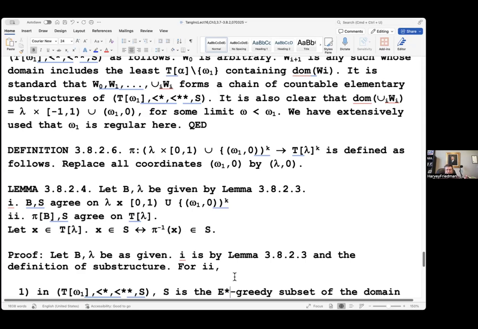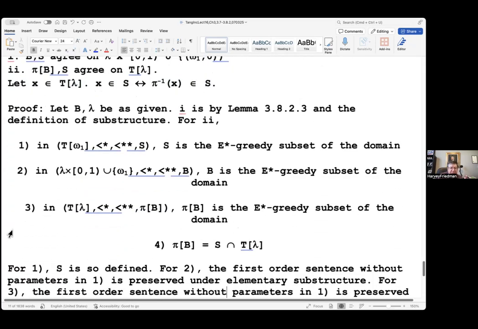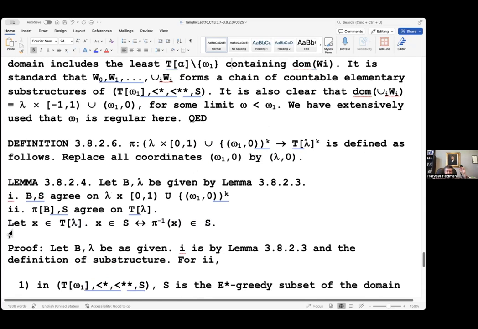As a consequence of those two facts, one gets this crucial piece of information: if X is in T of lambda, then X is in S if and only if pi inverse of X is in S. In other words, X is in S if and only if, when you reduce the omega 1s down to lambda, that is in S. This is a technical little thing, but the idea is that we use the fact that this is the greedy construction to prove this.